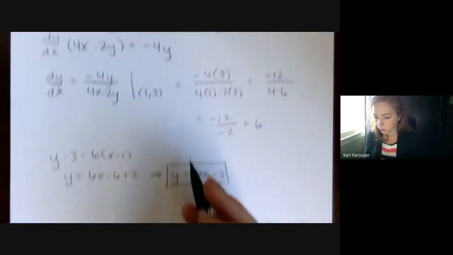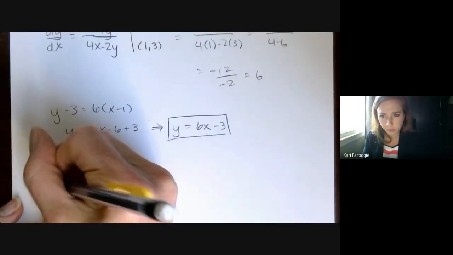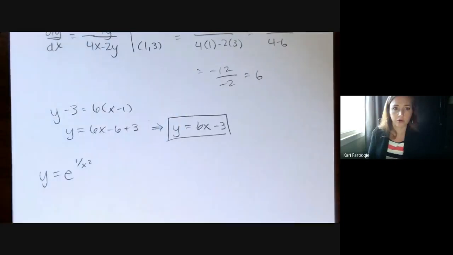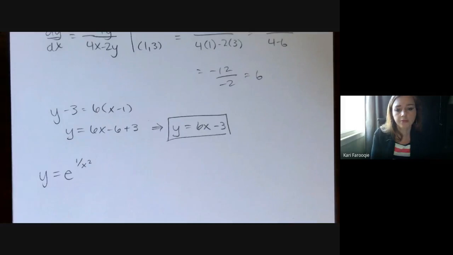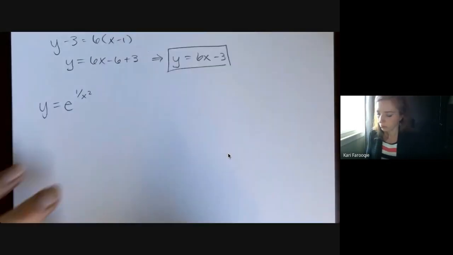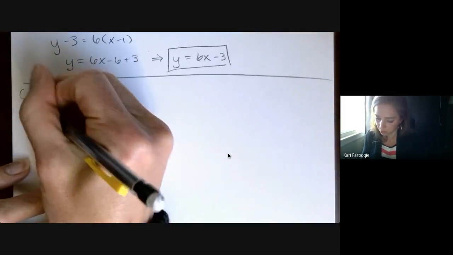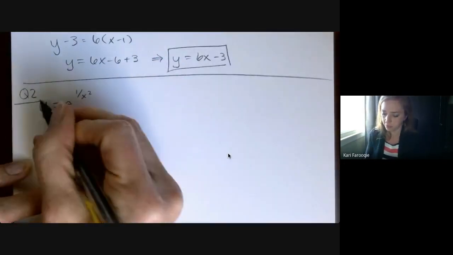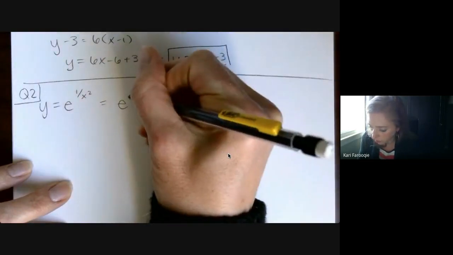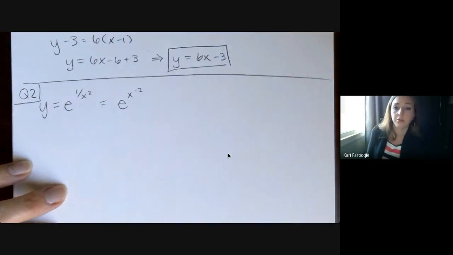So you had find y prime for y equals e to the 1 over x squared. All right, so rewrite this one as e to the x to the negative second power.